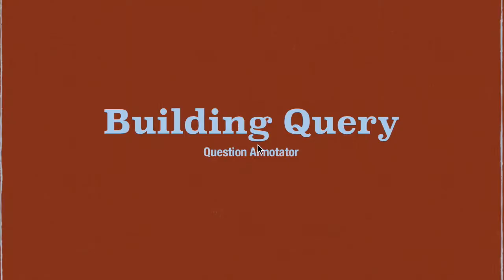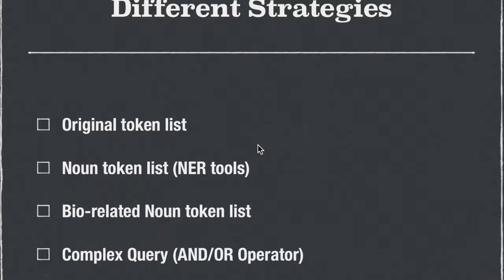Okay, let's look at how we implemented the system part by part and what strategies we have used. First is to build a query. Putting the raw questions directly into the search engine does not give us very good results, so we have to do some question pre-processing.